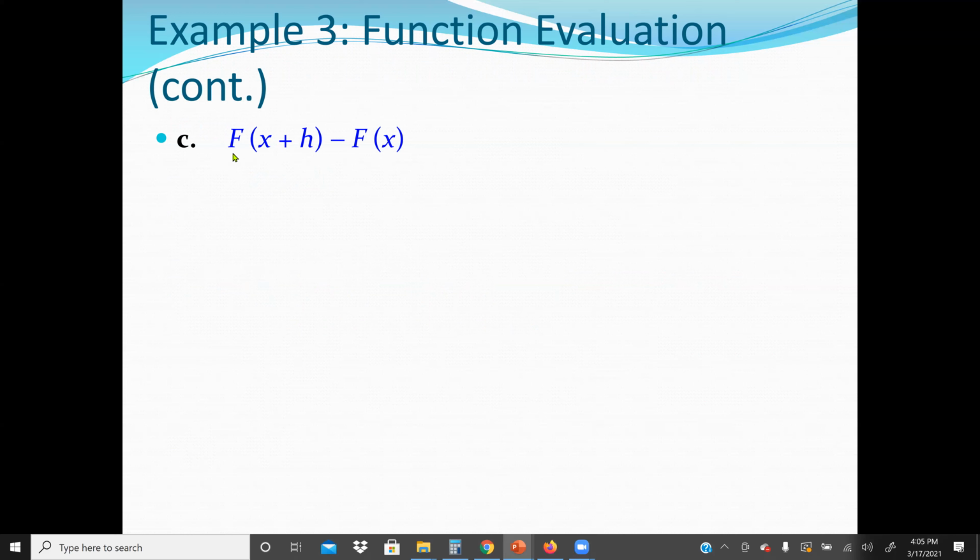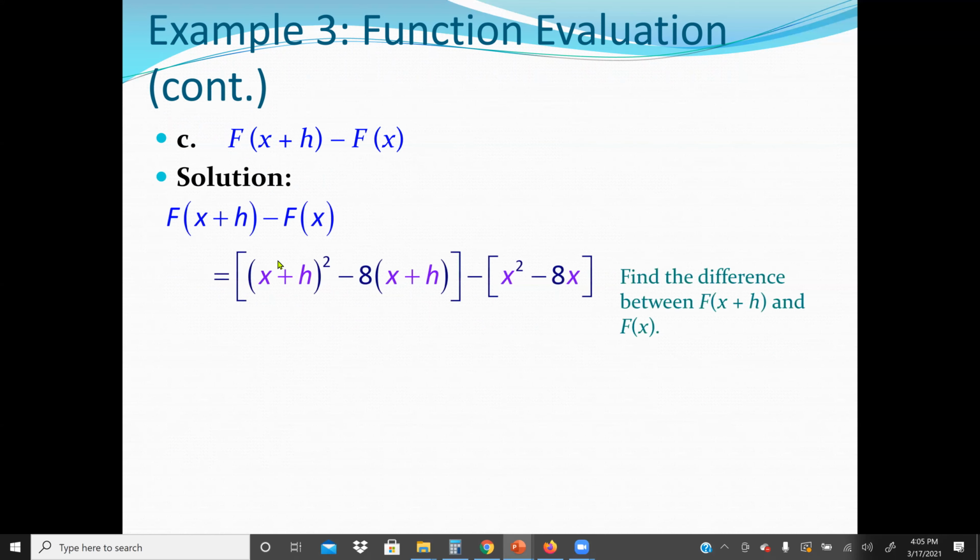Next, we're going to find f of (x plus h) minus f of x. We already know f of (x plus h), which is our previous answer, so that's it here. We substitute again. Then f of x will be the same equation, so it's x squared minus 8x. For f of (x plus h), anywhere I see x, I'm going to substitute with x plus h.